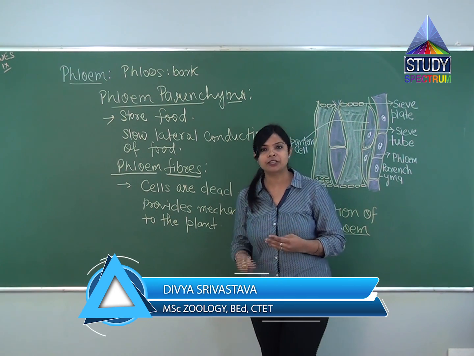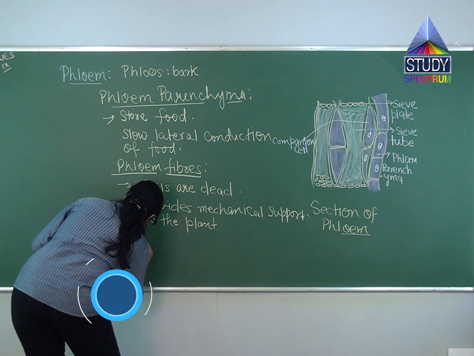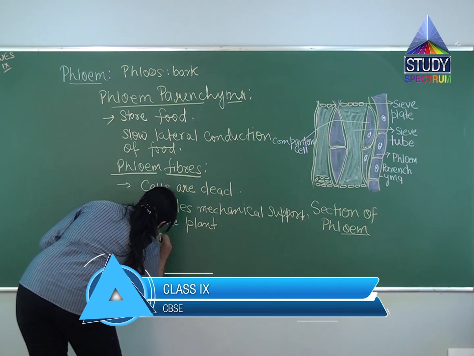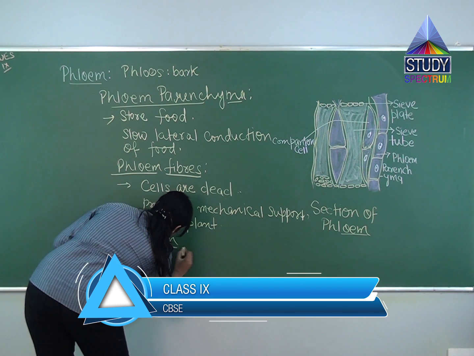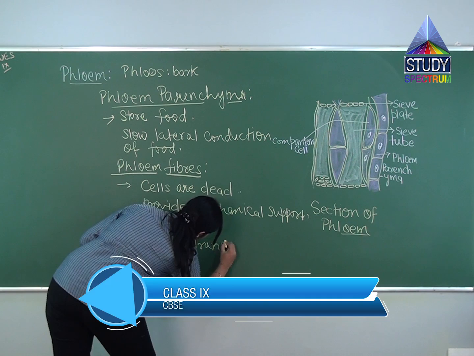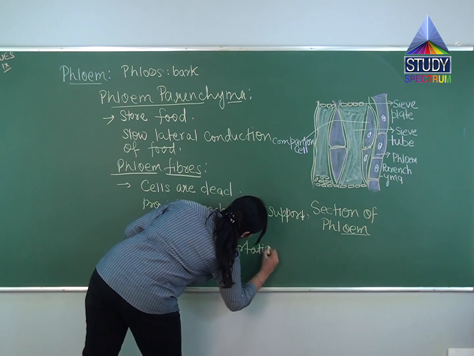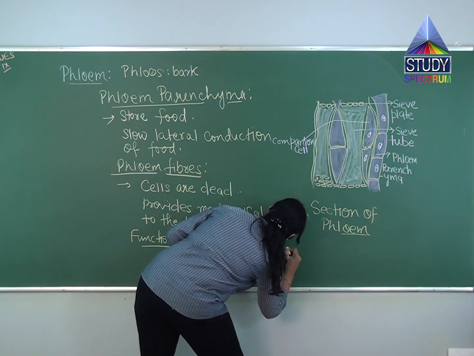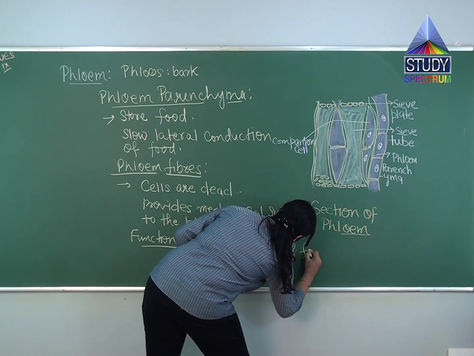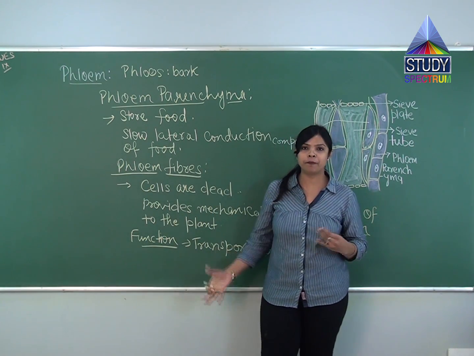So this is the function of the phloem: transportation of food.